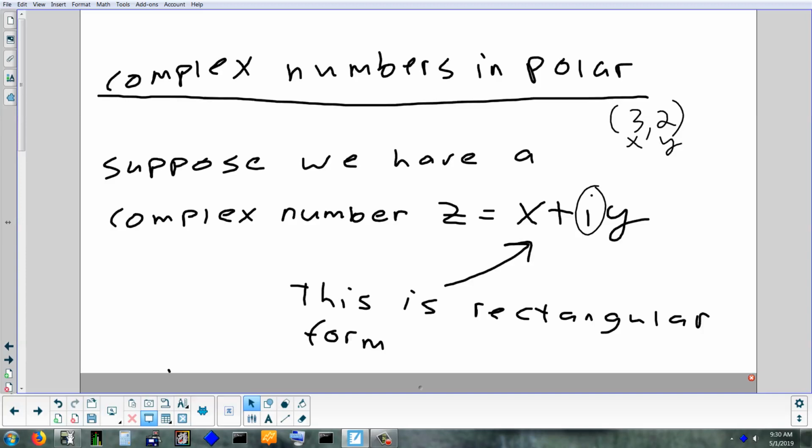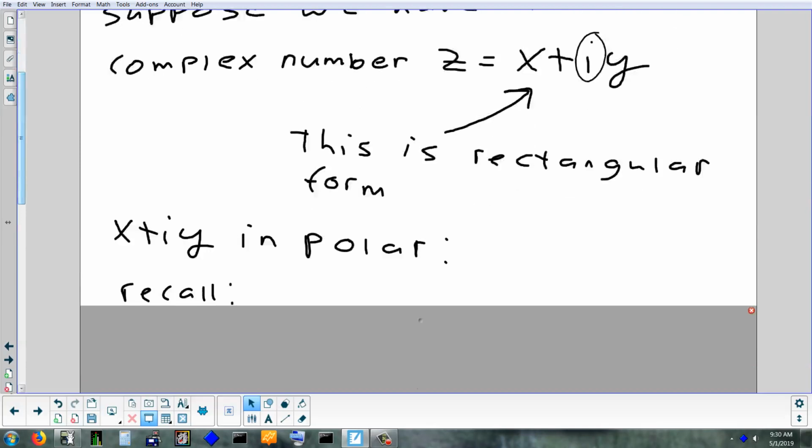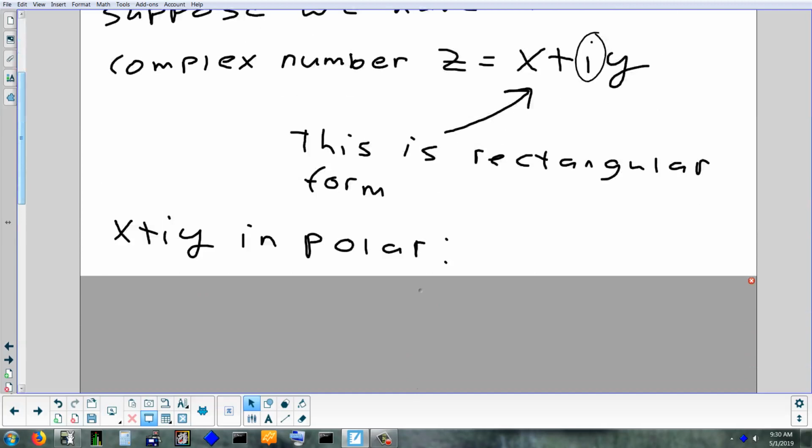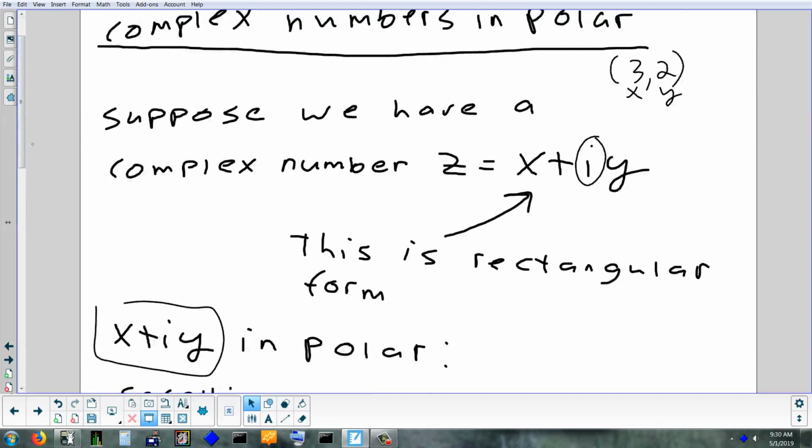What are the two things you have in polar? Radius and theta, a radius and an angle. And that's exactly what we're going to have to do here, and we're going to use exactly the same formulas we've used all week.